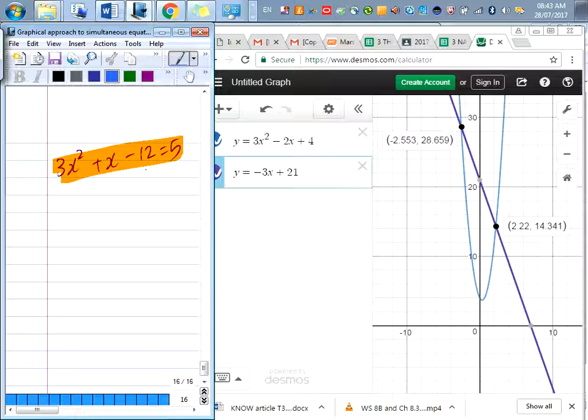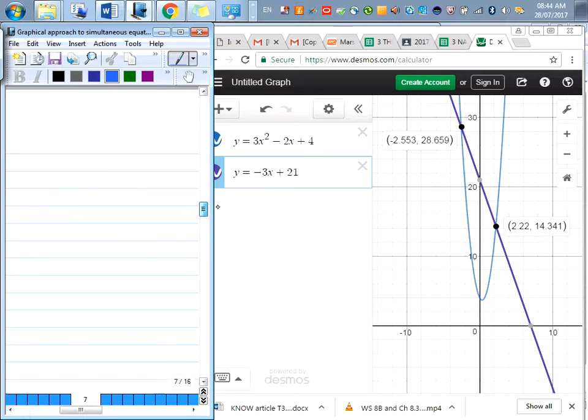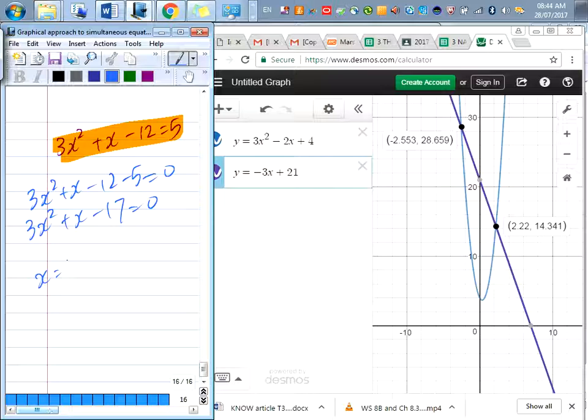Okay, so this one, I have to make it in the form ax squared plus bx plus c equals to 0. That means I will have 3x squared plus x minus 12 minus 5 equals to 0. So 3x squared plus x minus 17 equals to 0. X equals to minus 1 plus minus square root of 1 squared minus 4 times 3 times negative 17 over 2 times 3.